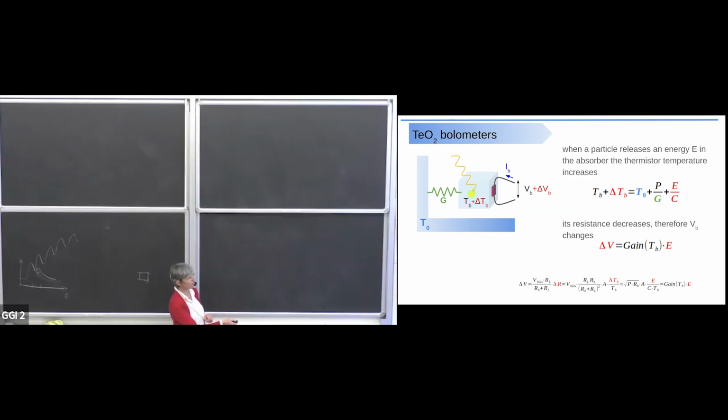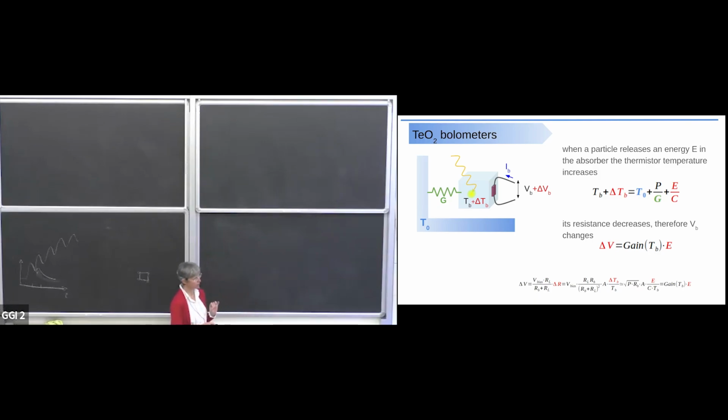And the change in the voltage depends on the energy that I have deposited inside the crystal, times, here you can see the details, what I can call the thermal gain of my device. Therefore, this thermal gain measures my sensitivity in translating a temperature increase into a voltage change.